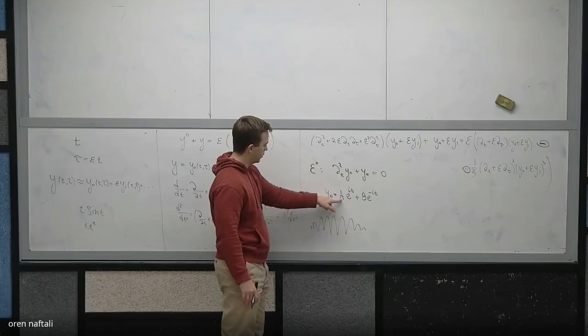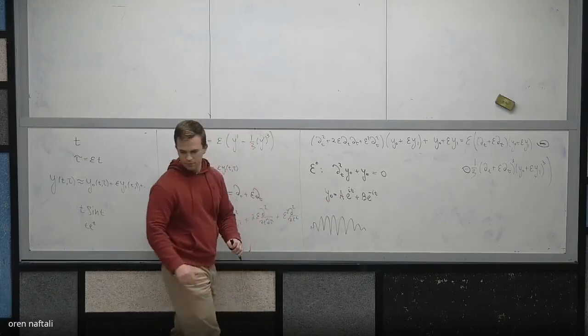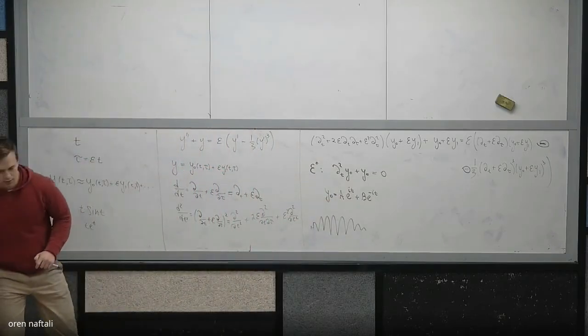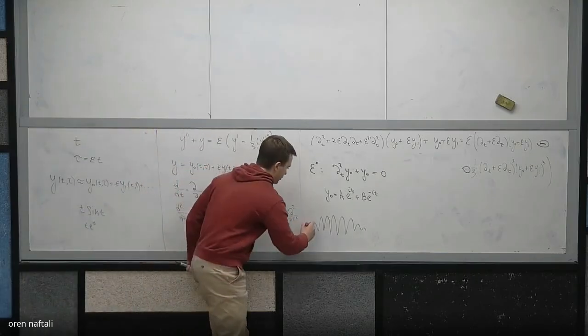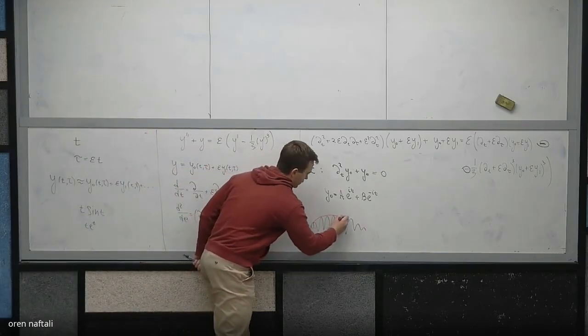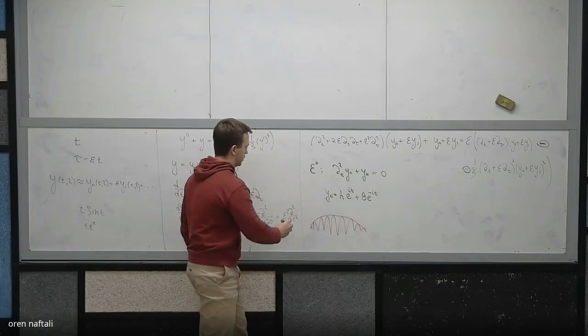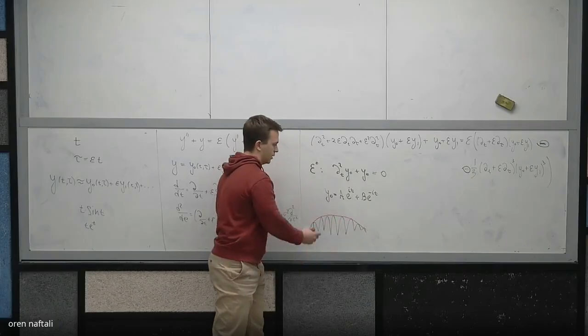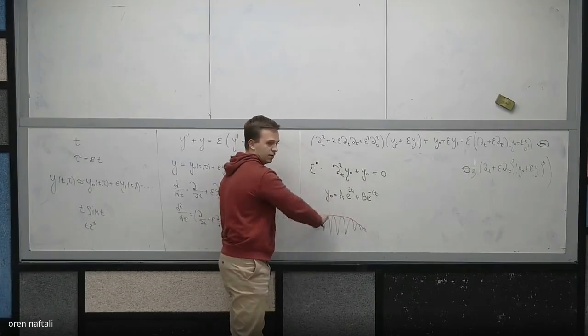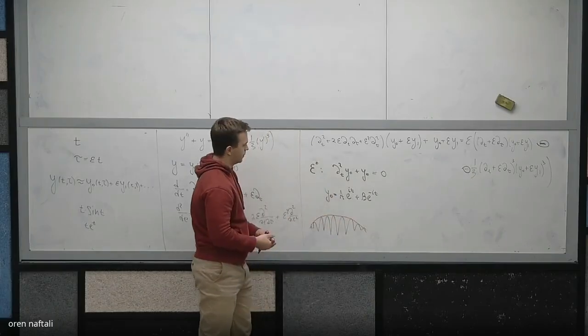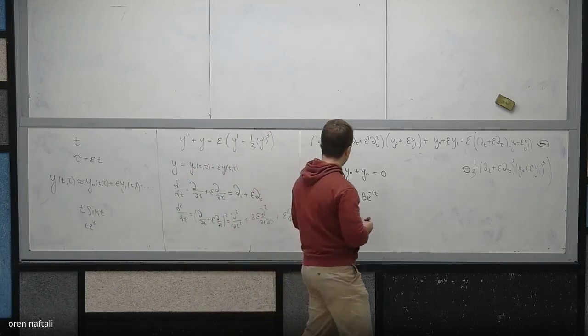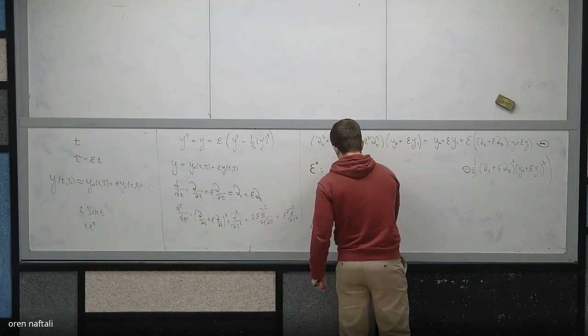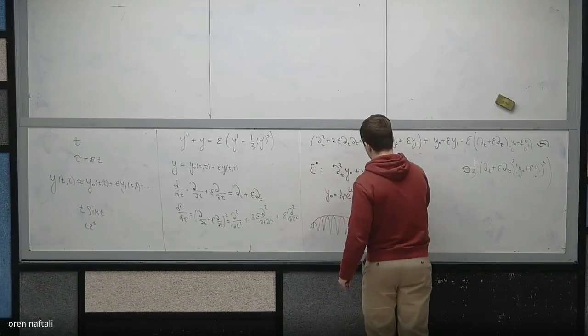An envelope has a much smaller frequency. This is the frequency of the envelope, so it changes slowly, while the wave itself oscillates much faster than the envelope. That's why we can write here that A and B are functions of tau.